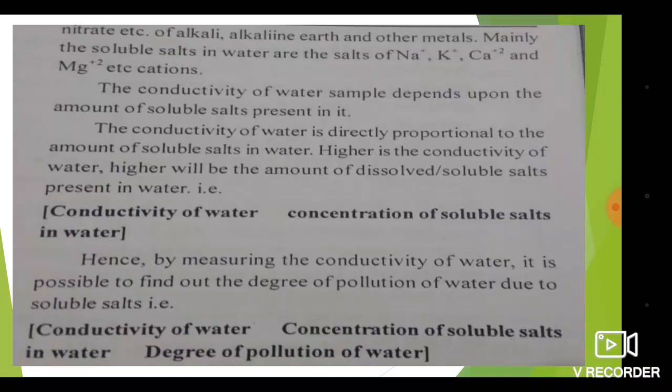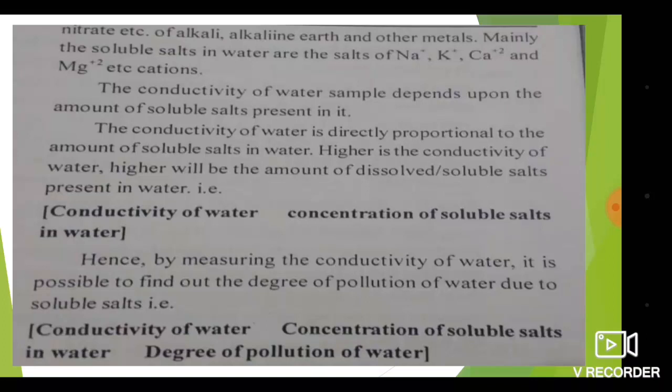Mainly the soluble salts in water are the salts of sodium, potassium, calcium and magnesium. So the conductivity of a water sample depends upon the amount of soluble salt present in it. If the soluble salt increases, the conductivity also increases. The conductivity of water is directly proportional to the amount of soluble salts in water.